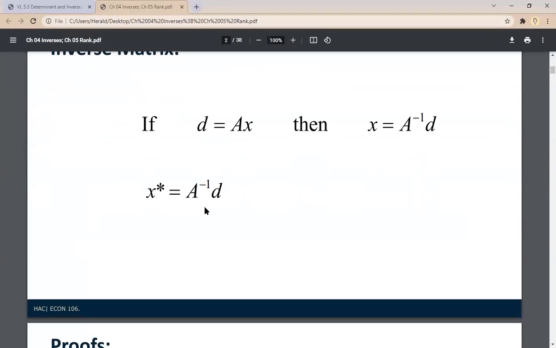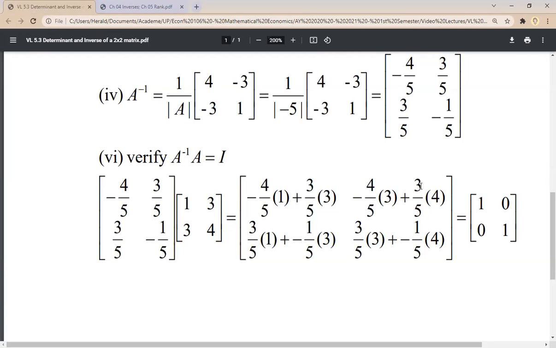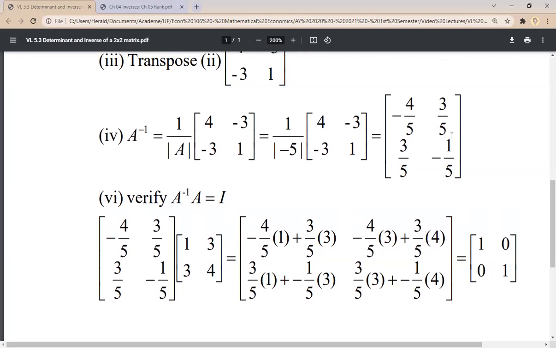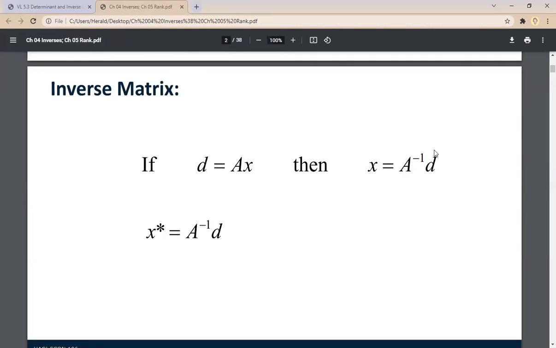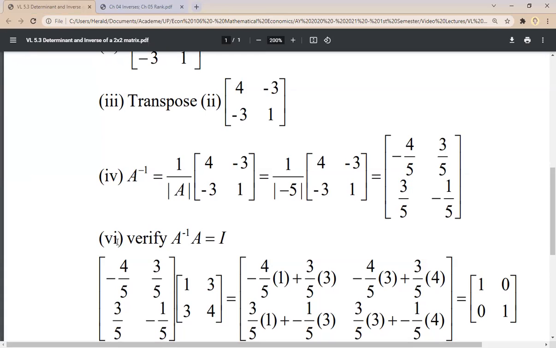So, all right. Now remember class, the discussion on inverse: in order to get the value for x, you will need to multiply the inverse with the constant. And by doing so, you will get x star. So you have the inverse already, which is this. The next thing to do is multiply that to the vector of constants, and you will end up with an x star. Now that would be this. Oh wait, okay, 4, 5. No, this is supposed to be 5.